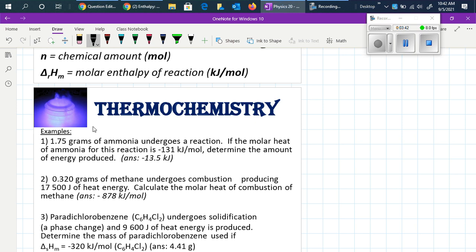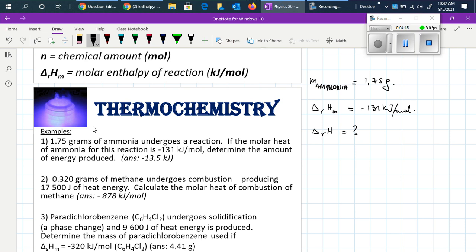So now we have mass of ammonia is 1.75 grams, and the molar heat of the reaction for ammonia is negative 131 kilojoules per mole. And we are looking for delta H of ammonia.